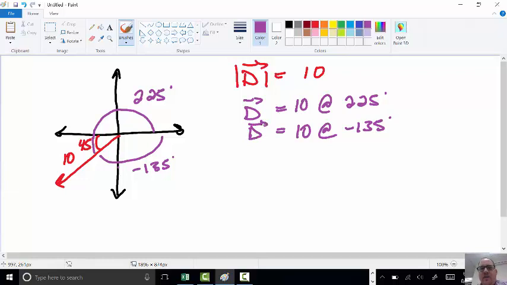But most people actually talk about vectors in terms of their x and y components. So we can find dx now and dy now. So using, I guess I'll go to green. So if that's D over here, remember this is dx and this is dy.